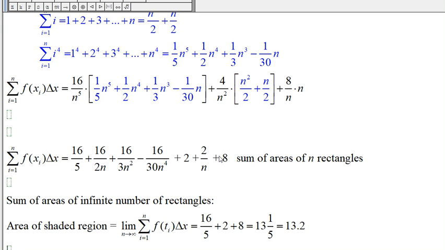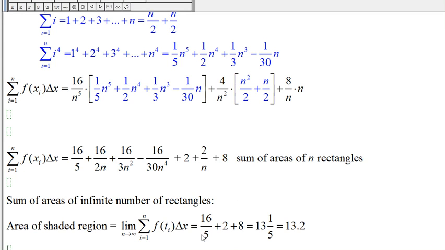So we look back right here, and now we're allowing n to run to infinity. As n runs to infinity, we get 16 over 5. This will go to 0, because 16 divided by infinity is 0. This will go to 0, and we get 2. And this will go to 0, and we get 8.